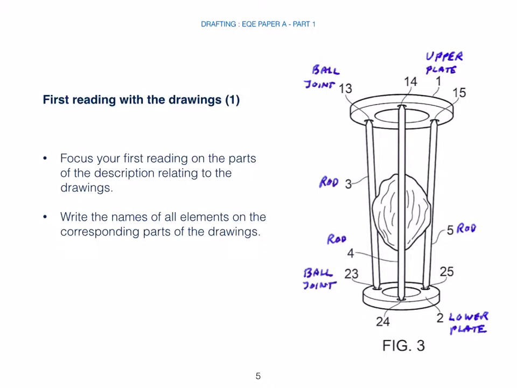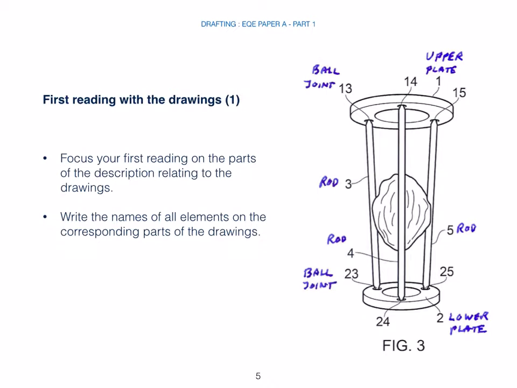This is good. And doing this, you should write the names of all of the elements on the corresponding parts of the drawings. On the slide, I have shown client's figure 3, and we can write on that figure.